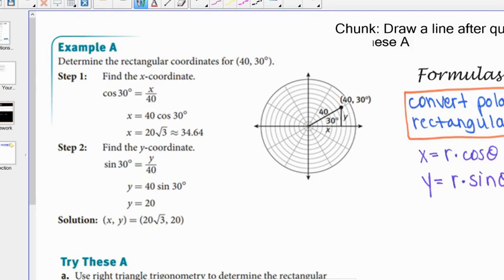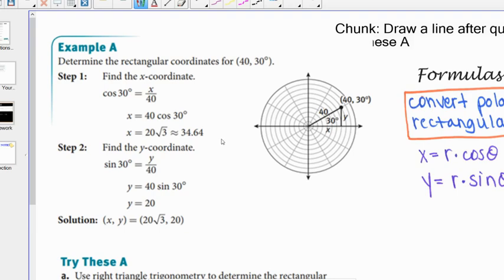When we want to convert from polar to rectangular, we're going to use our knowledge of right triangle trig to convert. If we're at x comma y, that's leading us to that r comma theta point. In order to find x, we take our theta value.